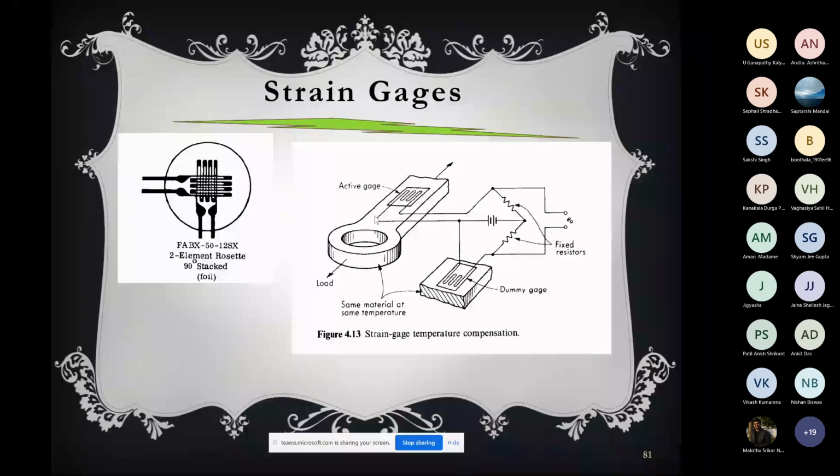But in the dummy strain gauge there is no strain, so the change in resistance due to strain will not occur in the dummy strain gauge, but in the active strain gauge that will occur. As a result, the change in resistance due to the change in temperature is nullified, and hence we can use the strain gauge with the help of temperature compensation.